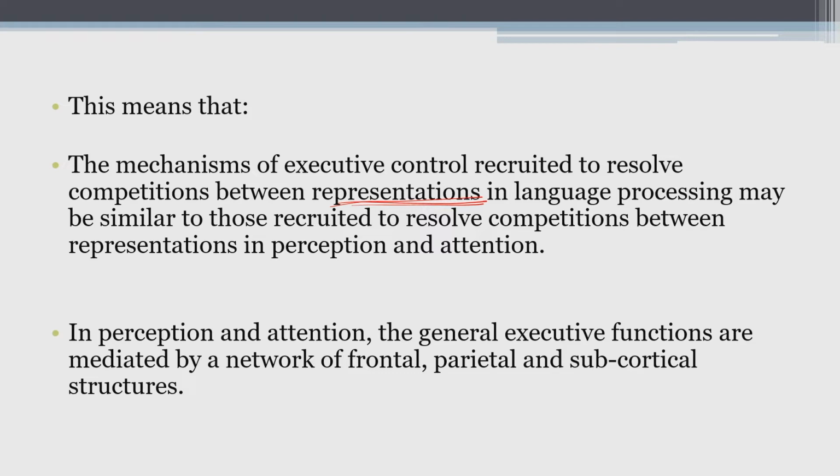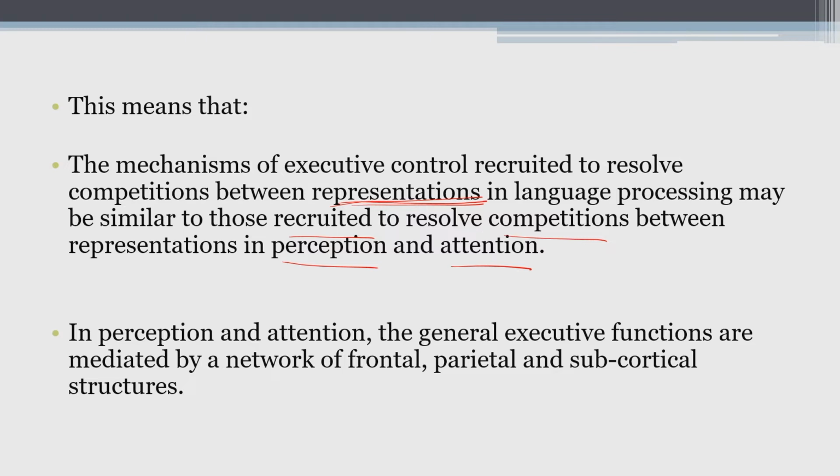So, when there is competition between different linguistic representations in language processing, the mechanisms recruited may be similar to those that are recruited to resolve competition between perception and attentional representations as well. What are we looking at here?